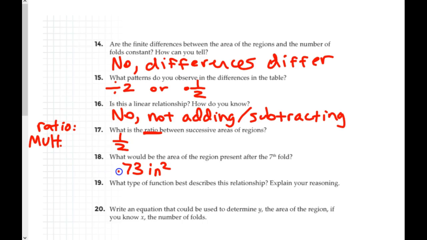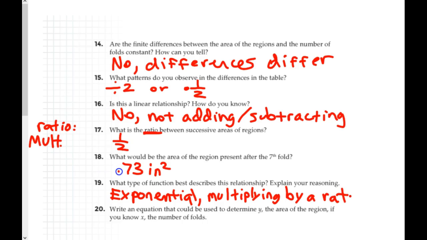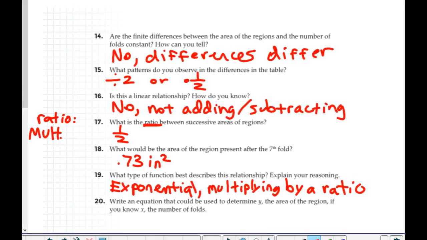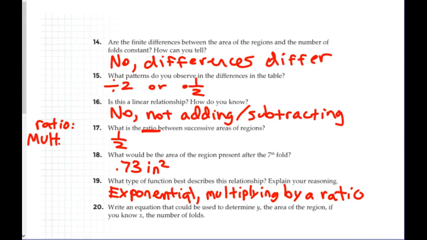So again, what type of function is this? If it's not linear, we call it what? Exponential. It's multiplying by a ratio.